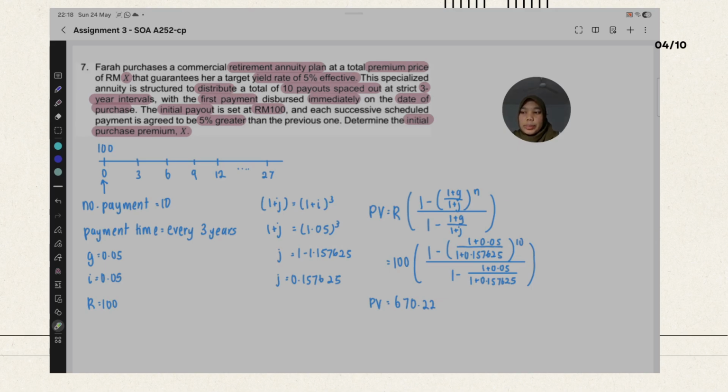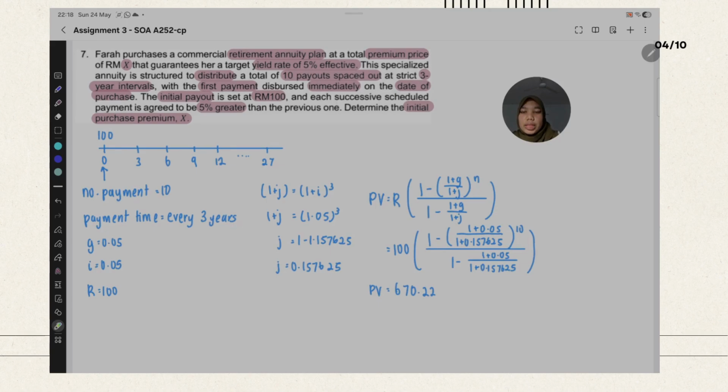Since the question provides a target yield rate of 5% annual effective, we cannot use the 5% directly because our cash flows occur every 3 years rather than annually. Using 5% directly in a standard compounding frequency will be a fundamental mistake because the compounding frequency must match the payment frequency.